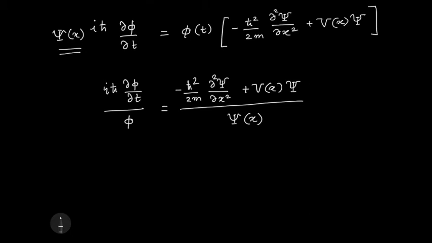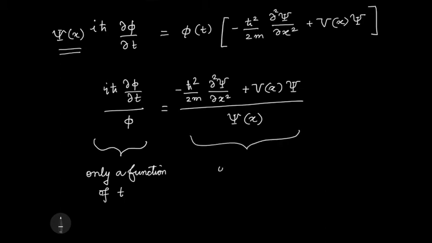Okay. Now something remarkable has happened. If you look at the left hand side here, it's only a function of time, and this is only a function of x. So left hand side does not depend on x, right hand side does not depend on time.